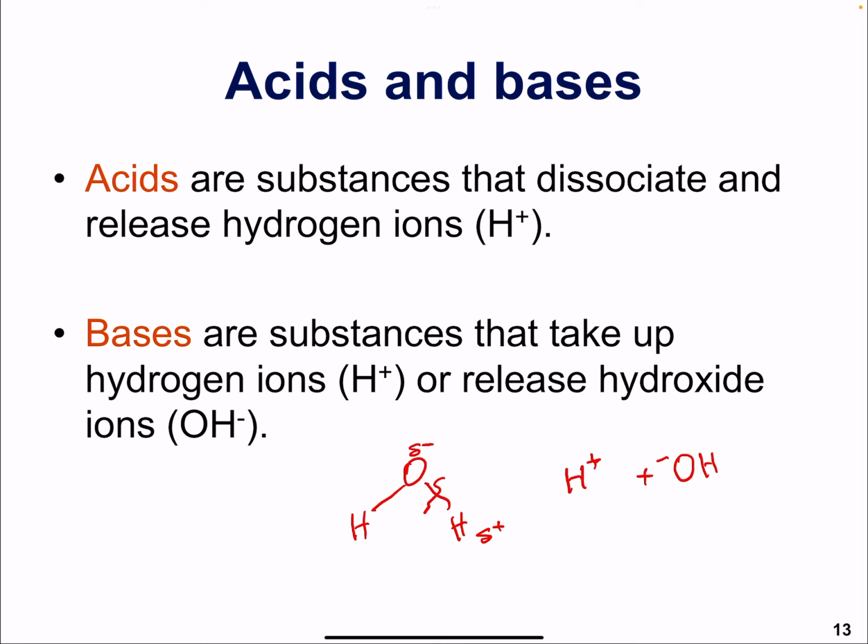When water splits, now the loss of electron is going to be effective. Oxygen is going to steal the electron from hydrogen that has now lost it. That's why we have hydrogen ion that is positively charged, hydroxide ion that is negatively charged.